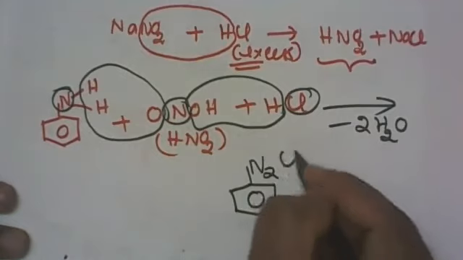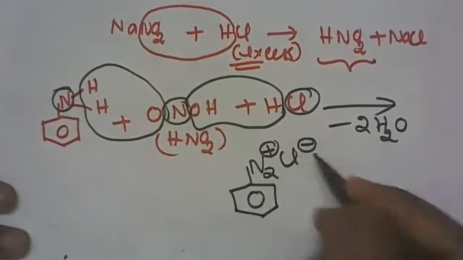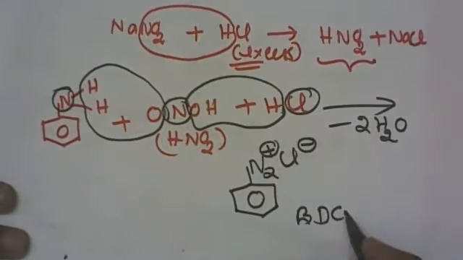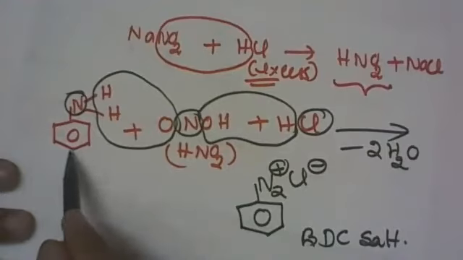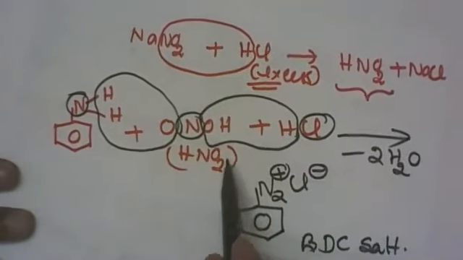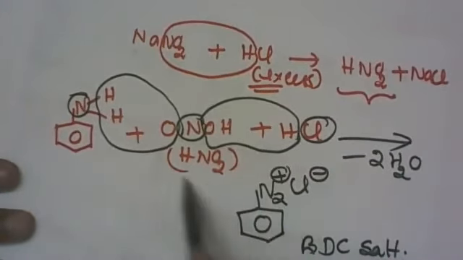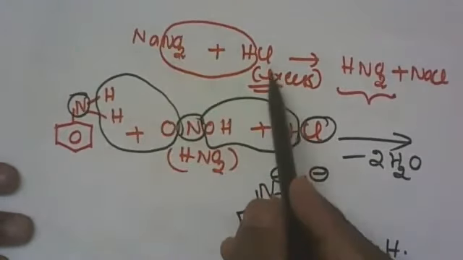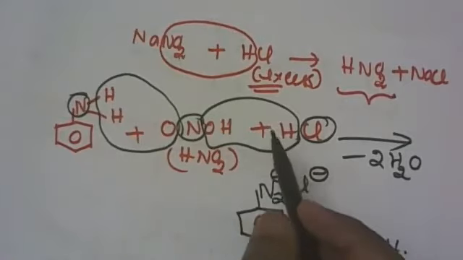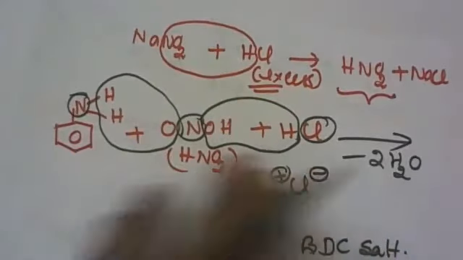This is the organic salt, benzene diazonium chloride salt. So this is how we get BDC using aniline and nitrous acid. How will you prepare nitrous acid? Nitrous acid is prepared from sodium nitrite crystals and HCl. Clear? This is the third preparation.